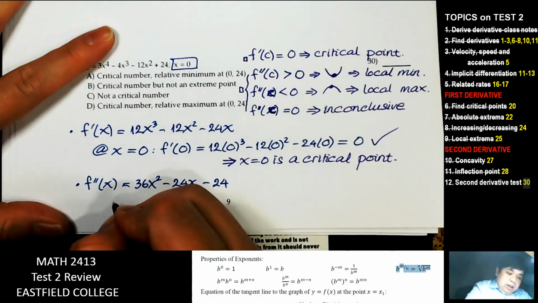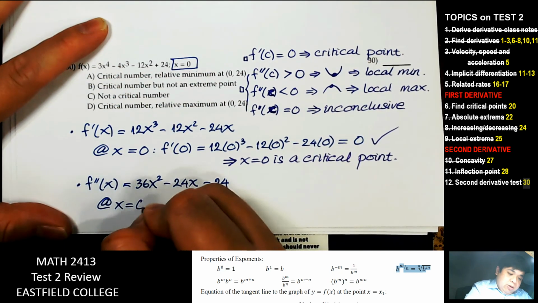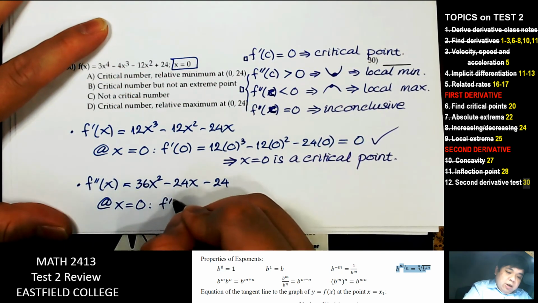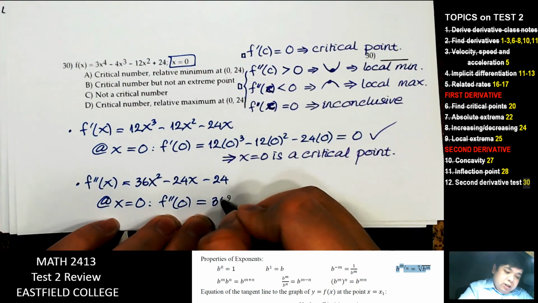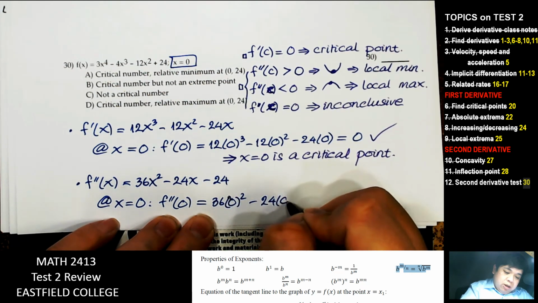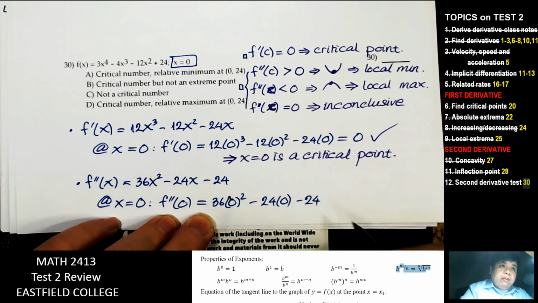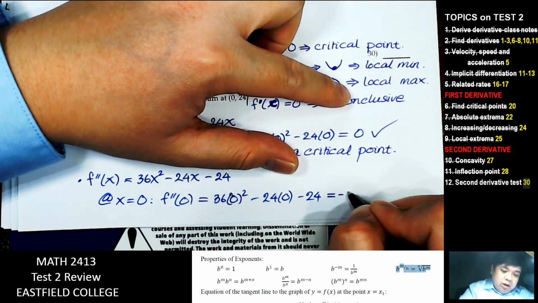At x equal to 0, the second derivative at 0 equals 36 times 0 squared minus 24 times 0 minus 24, and all are zeros except for the last one.